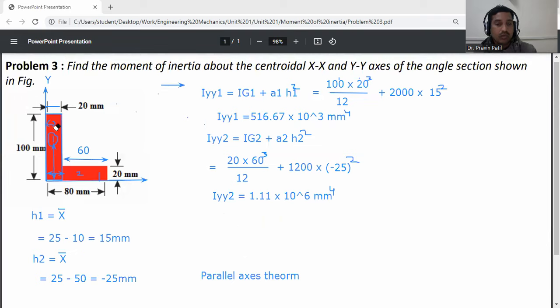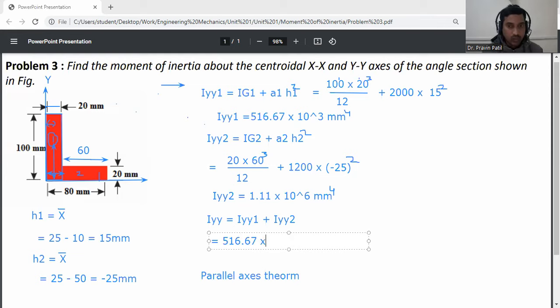So Iyy is equal to Iyy1 plus Iyy2. Iyy1 is 516.67 into 10 raised to the power 3, plus Iyy2, which is 1.11 into 10 raised to the power 6.